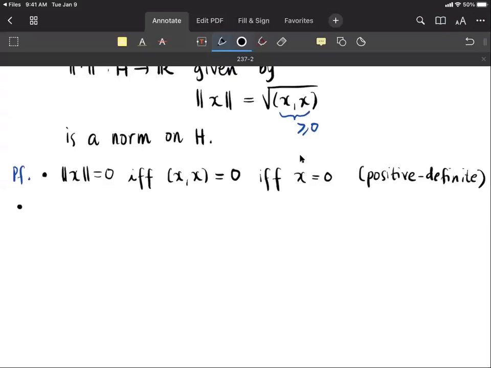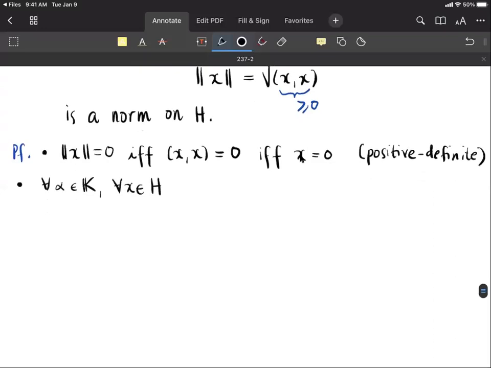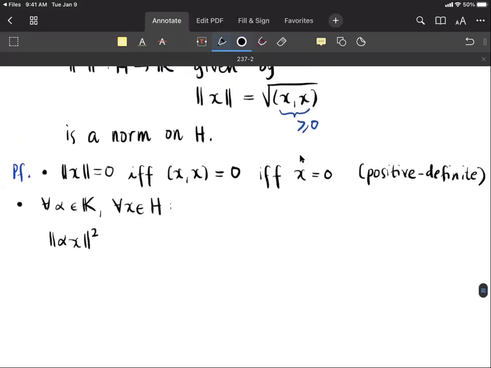Next, for homogeneity, take a scalar alpha and a vector x. What we do here is we just apply the definition. Since we have a square root, I think it's good to look at the square first.